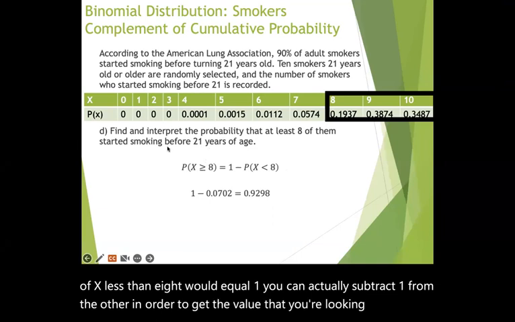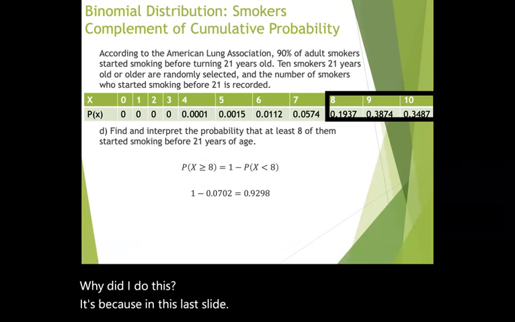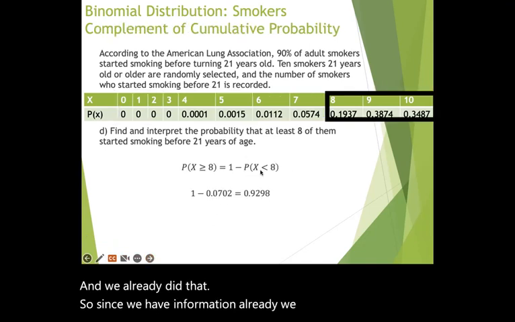Now, why did I do this? It's because in this last slide, we already found P of x less than 8. And we found it was 0.0702. So we can go back, we already did that. So since we have information already, we might as well use it.